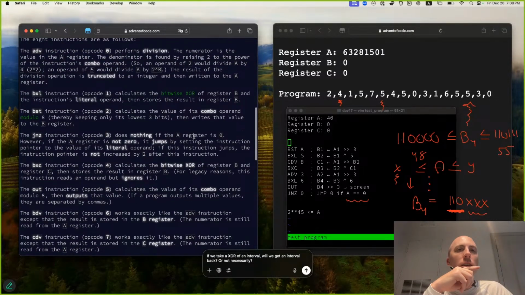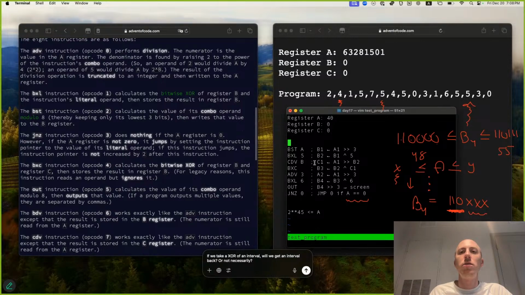Oh, it does nothing if A is 0. So if A is not 0. So I guess we want A to be 0 by the end of this.